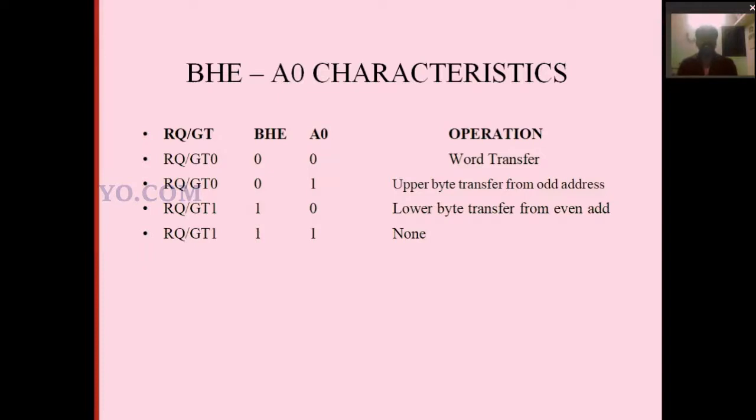The second combination, 01, is an upper byte transfer from odd address, and 10 is a lower byte transfer from even address, and 11 means no operation happens. Based on this, the microprocessor performs different operations.